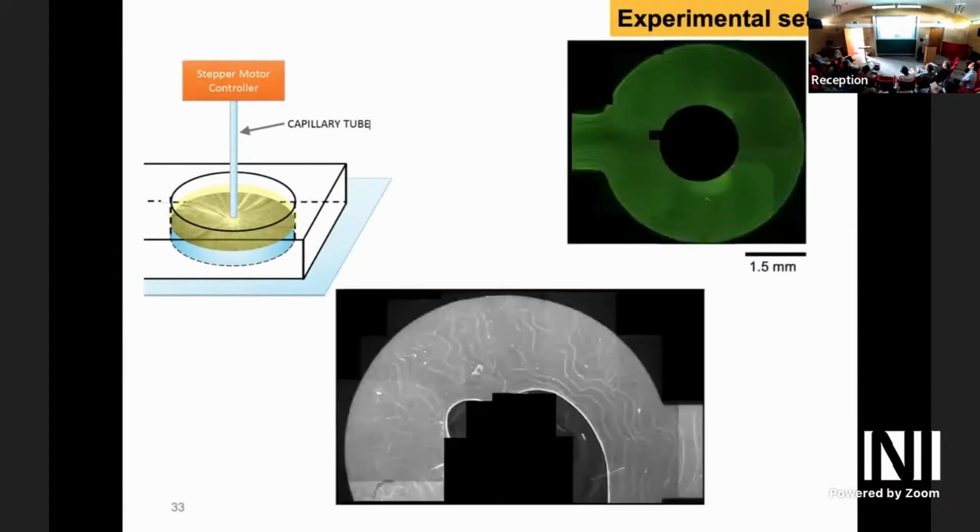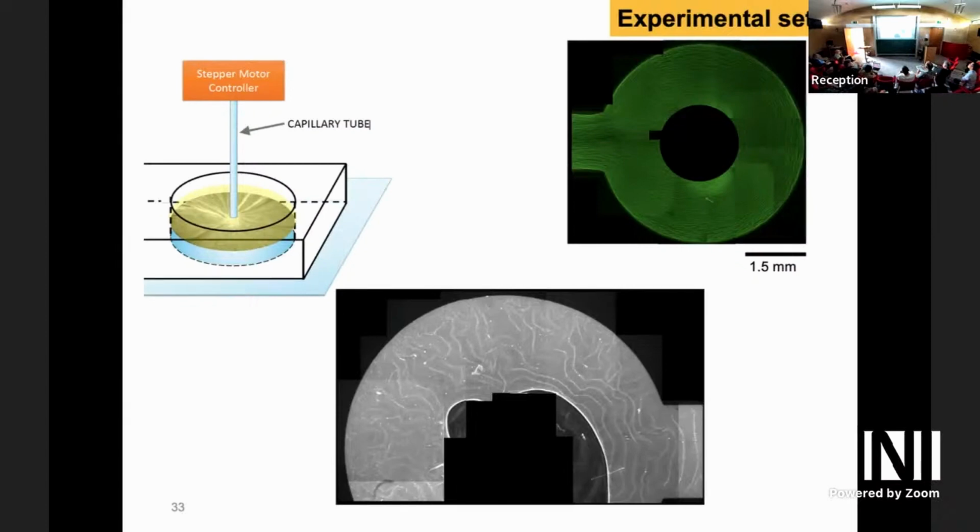If we try a similar setup by injecting our mixture from the center and waiting a bit of time, you can see that, exactly as in the example of the chamber, the nematic order follows the shape of the confinement.